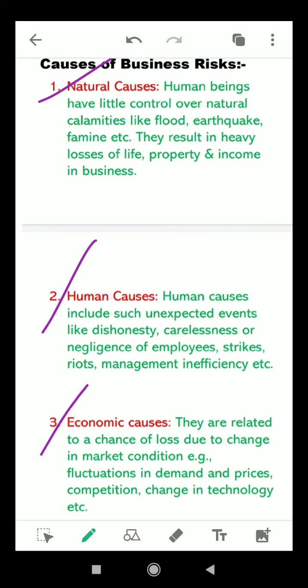And third point is economic causes. So they are related to a chance of loss due to change in a market condition.